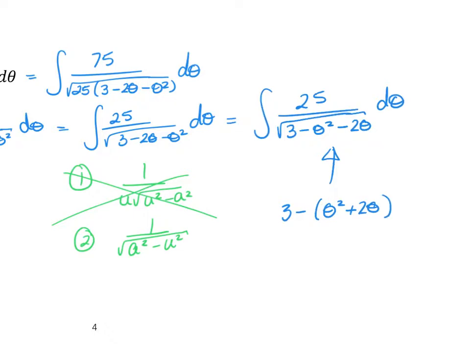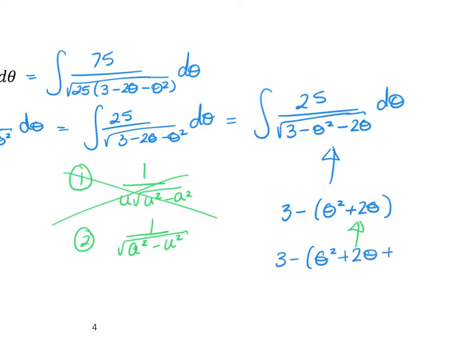Now what I need is a number minus something squared. So that means I'm going to have to complete the square on this portion. So I have 3 minus theta squared plus 2 theta.